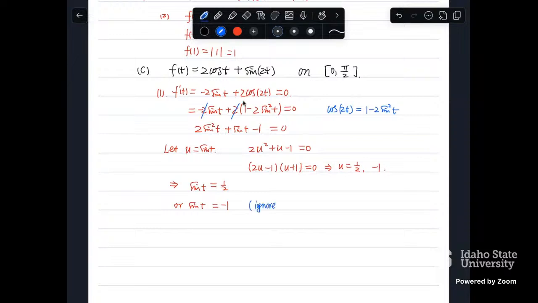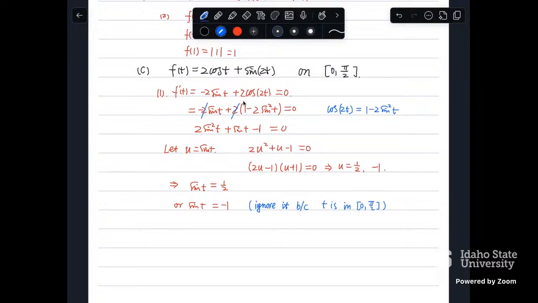Ignore this equation because t is in the interval 0 to pi over 2, and in this interval, sine of t cannot be a negative number. Does this make sense?